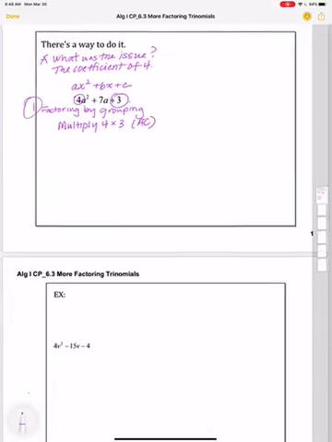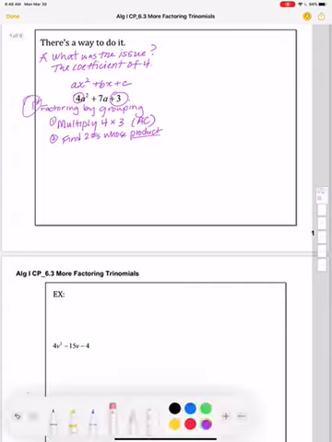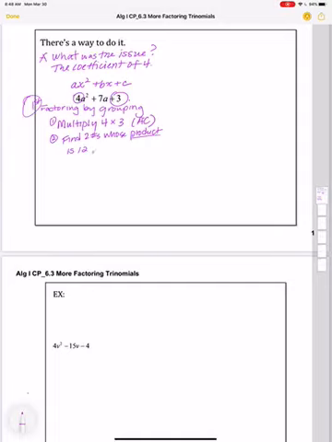So the first thing is to multiply 4 to 3, or a to c. Step 2: you're going to find two numbers whose product, that means they multiply together, is that number that you just got, in this case 12, and their sum is 7.